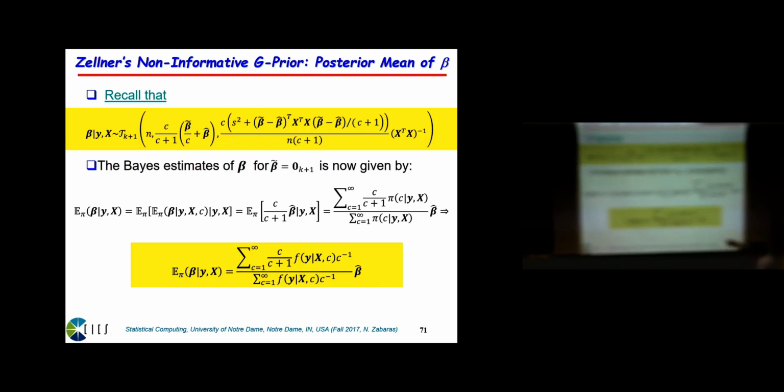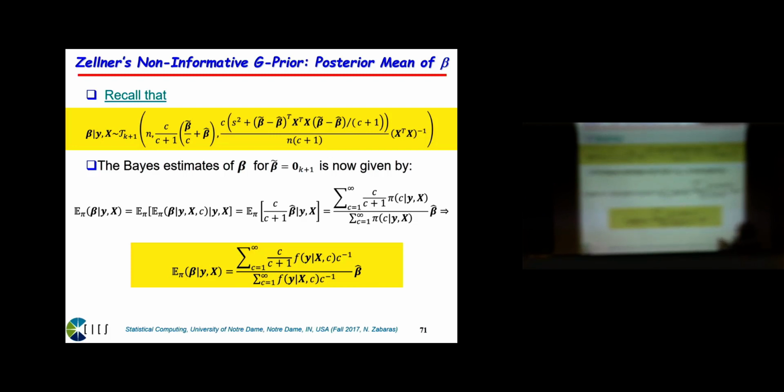Taking this expectation, I get the MLE estimate, and then I have to compute the expectation of C divided by C plus 1.